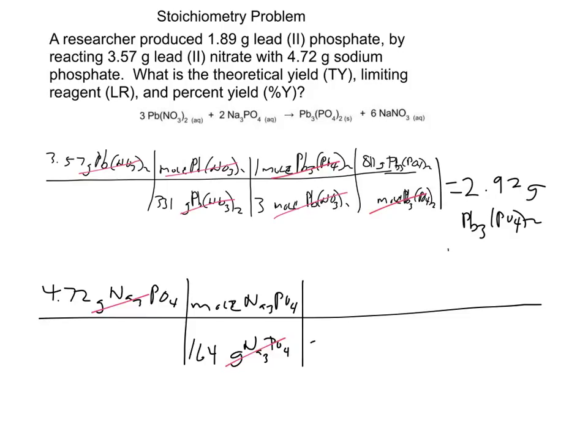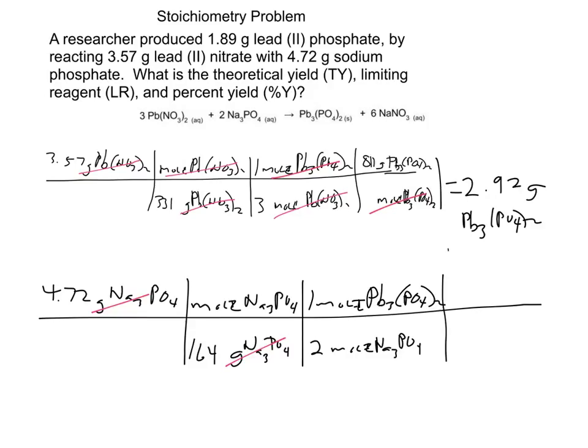Notice that there are 2 moles from the balanced equation. So the unit on top goes on bottom again. Na3PO4, and 1 mole Pb3(PO4)2.